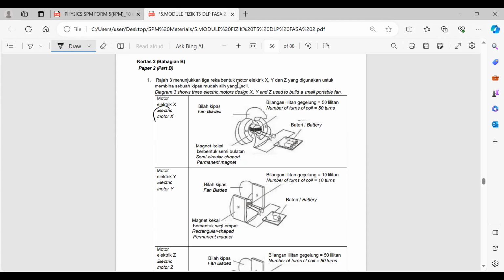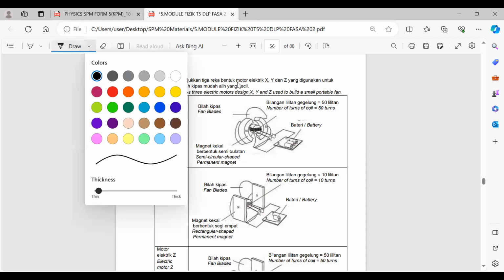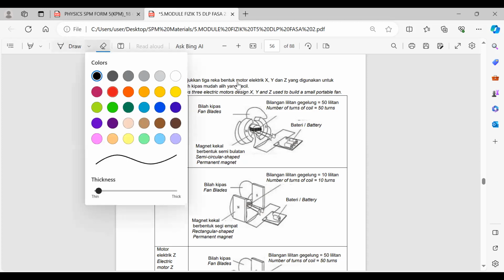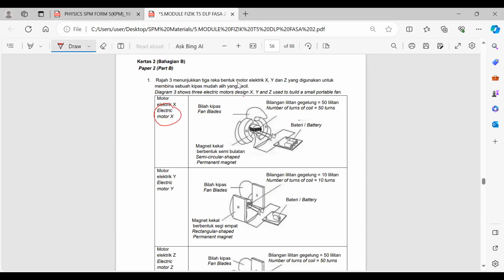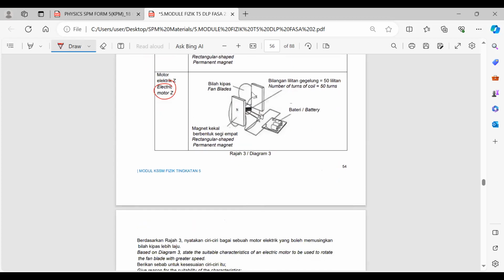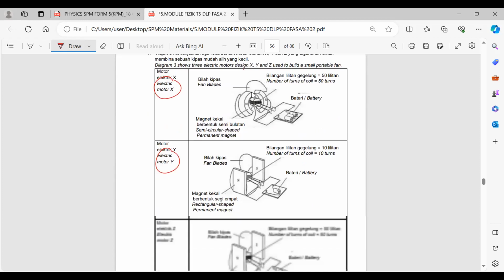Okay, so we have electric motor X, electric motor Y, and electric motor Z. Okay, what is the difference?